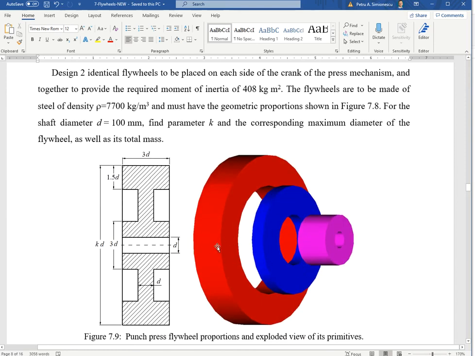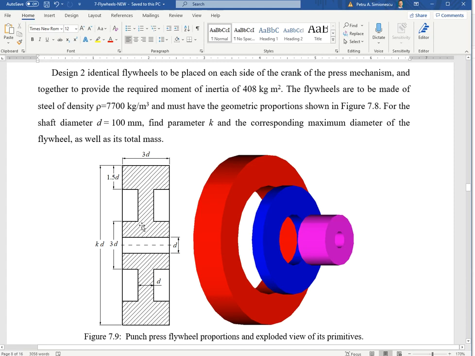So you want to, of course, limit the size to the space available. You also impose a diameter of the shaft to which it is attached. Here's what's called a parametric drawing, so it's all a function of the diameter, and there's an unknown, K, the multiplier that gets the maximum outside diameter of the flywheel.